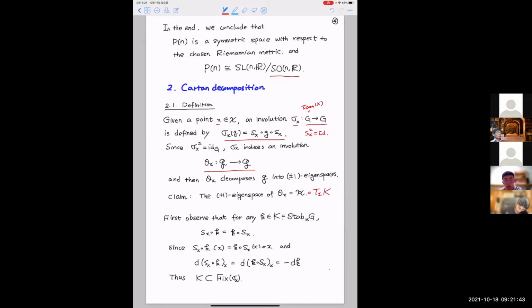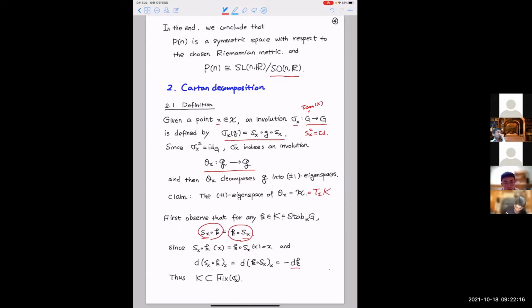So to see that, first observe that for any K in the isotropy group, it commutes with the S_X. Okay, because two elements fix X and their differential is minus the differential of K. So that means that they are the same.